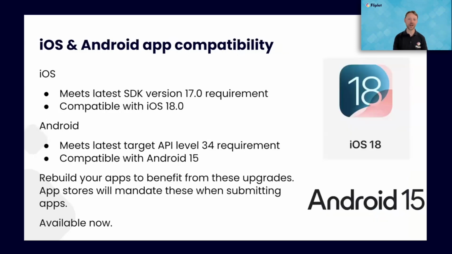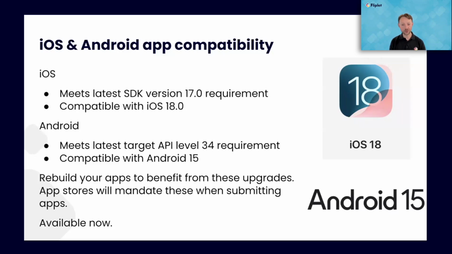We've recently upgraded iOS and Android app compatibility. So every year, iOS and Android come out with a new SDK. That new SDK brings about a whole series of enhancements, gives access to new features, etc. And then we have to upgrade our publishing software so that it works with the new SDKs, make sure that there are no bugs, etc. We've completed that this year. You can go and build your apps right now, and it'll use the new SDKs.